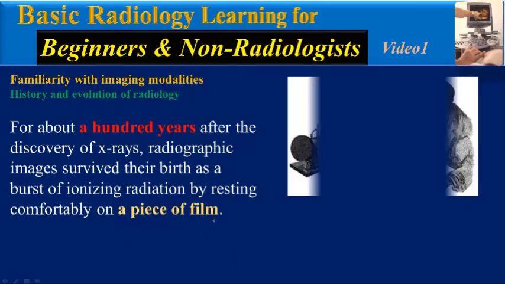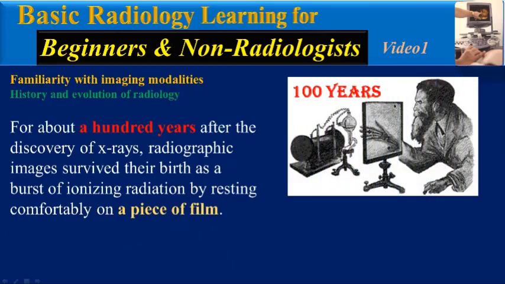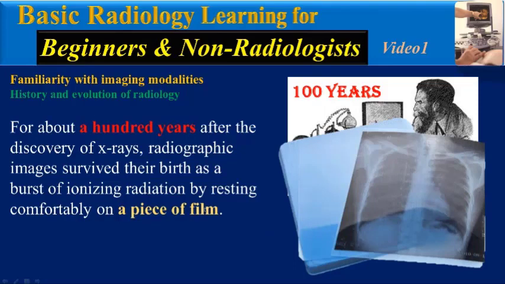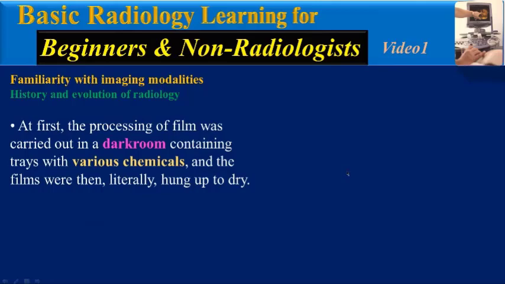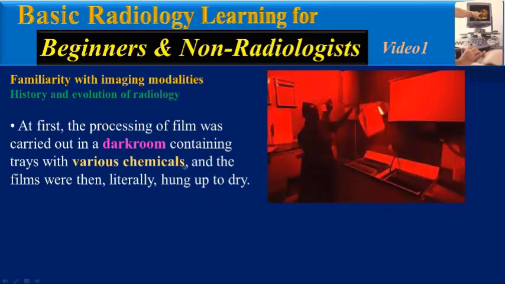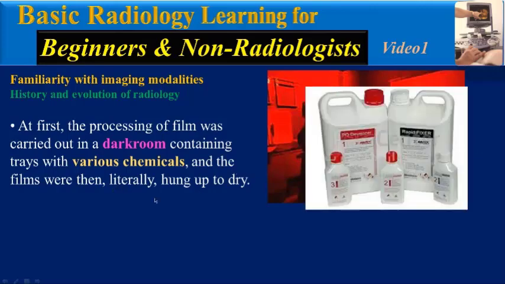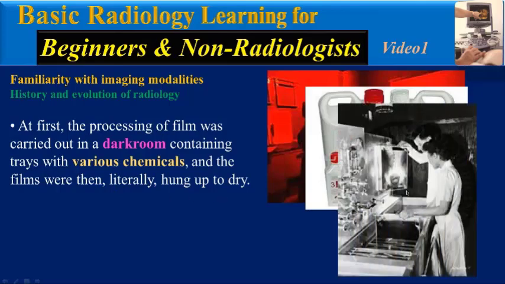For about 100 years after the discovery of X-rays, radiographic images survived their birth as a burst of ionizing radiation by resting comfortably on a piece of film. At first, the processing of films was carried out in a dark room containing trays with various chemicals, and the films were then literally hung up to dry.